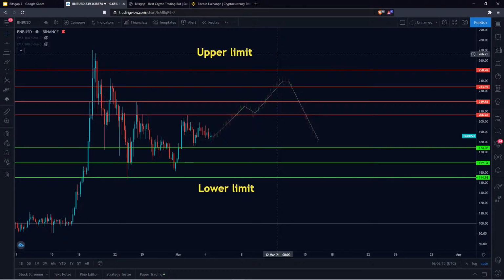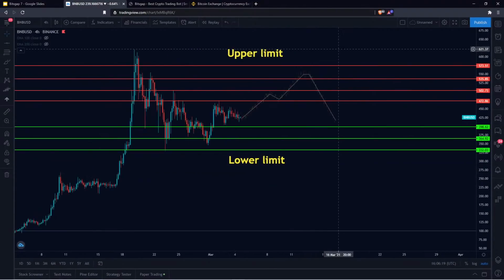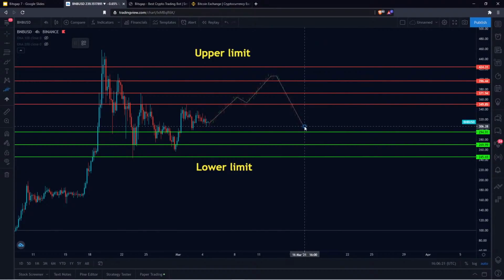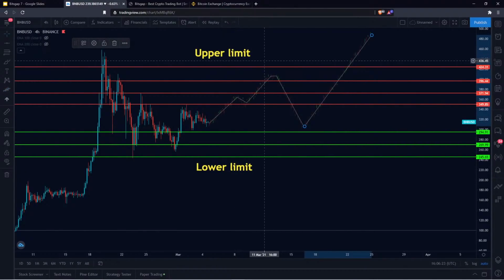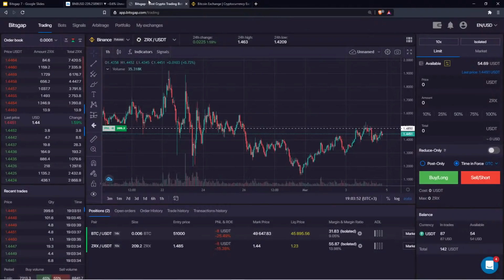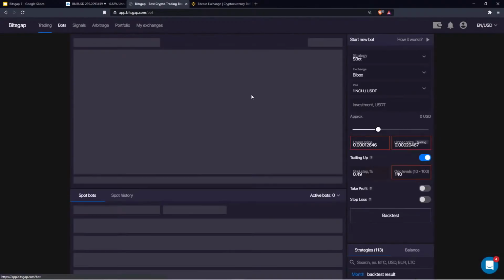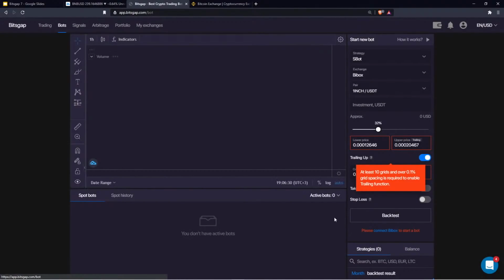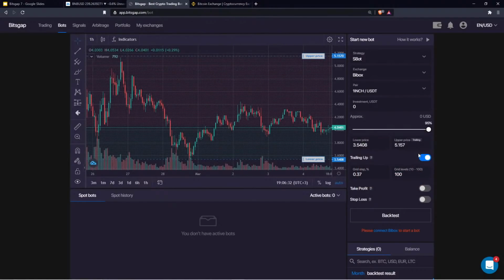And there are some tricks and tips on how you can maximize your returns if, let's say, the price goes above your upper limit price, which is the feature known as trading up. But this is something that I will explain to you in 20 minutes, so stay with me.